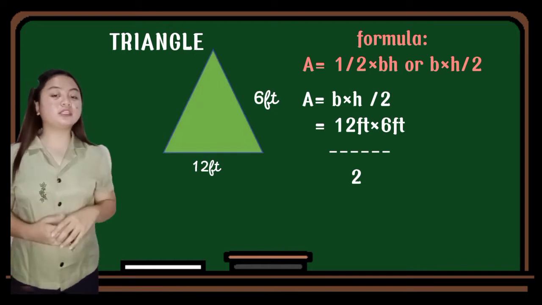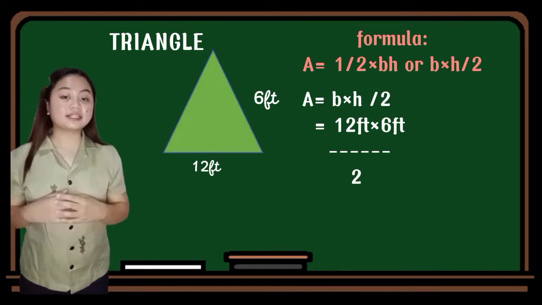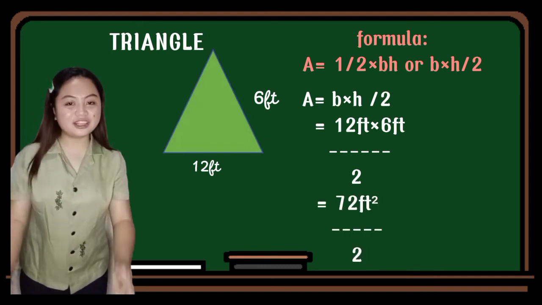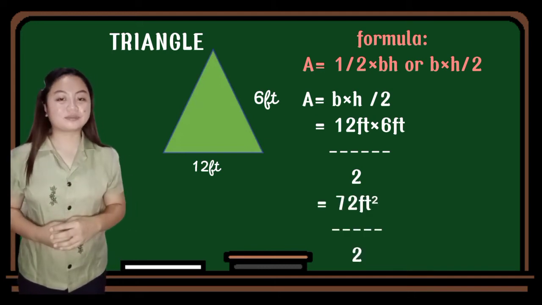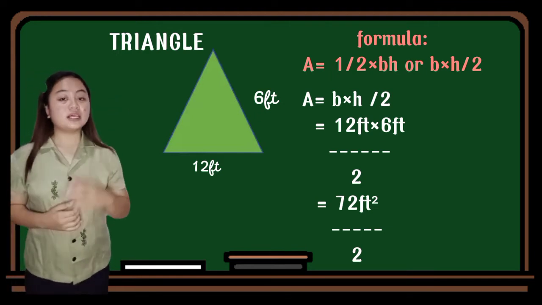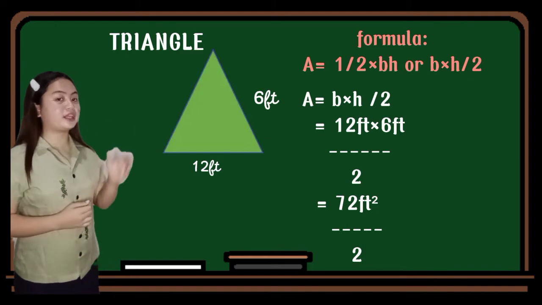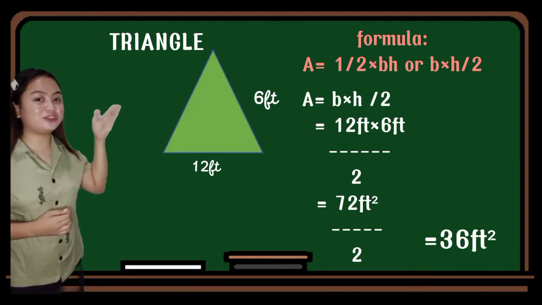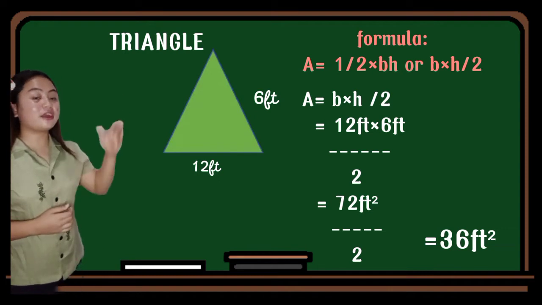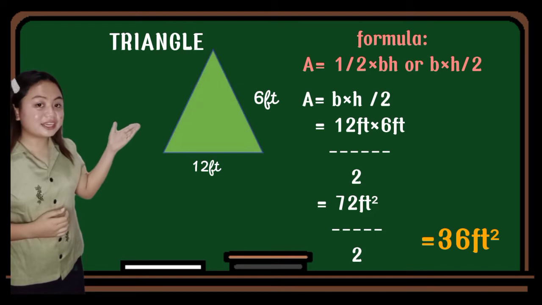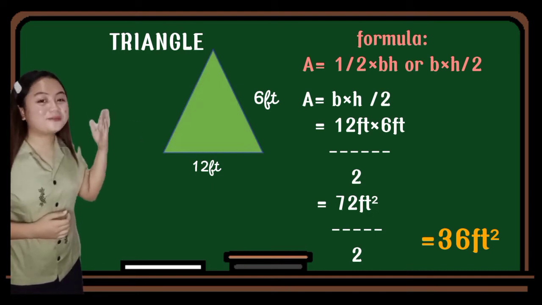First, let's multiply 12 feet times 6 feet is equal to 72 square feet over 2. And now, 72 divided by 2, that will be 36 square feet. Therefore, the area of this triangle is equal to 36 square feet.